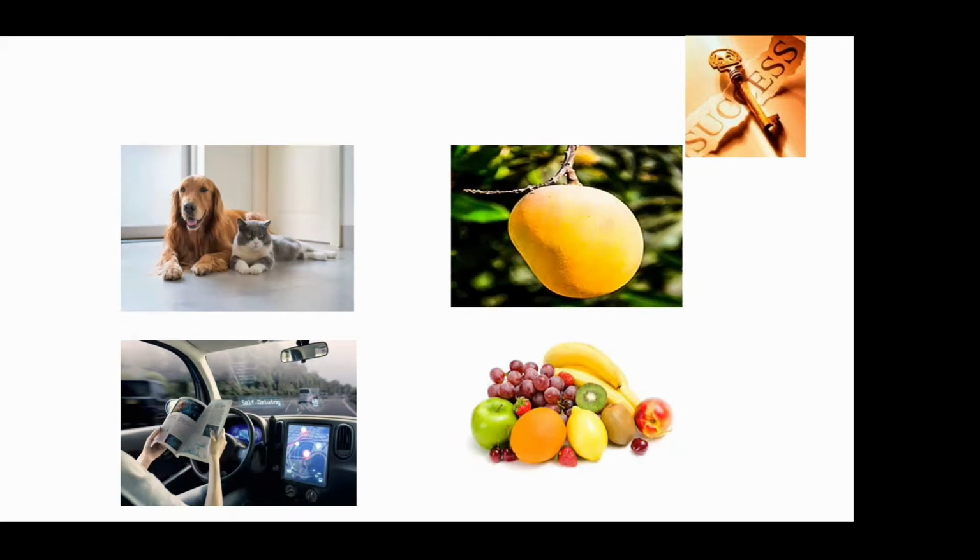So within a fraction of seconds human beings are able to recognize the object, and it is possible because we are trained persons, we are trained by the teachers, we are trained by the parents, we are trained by the society.